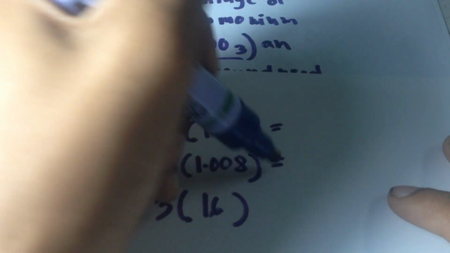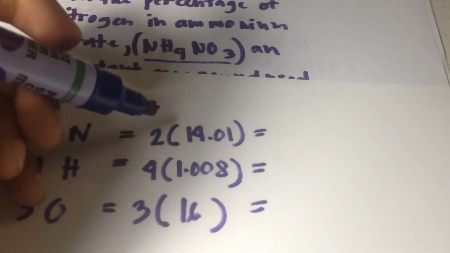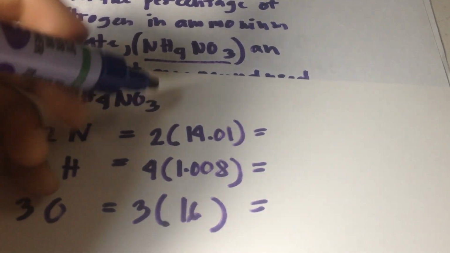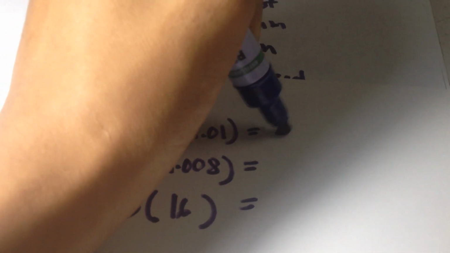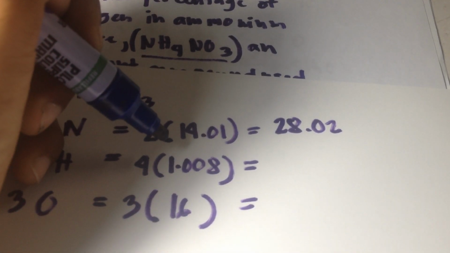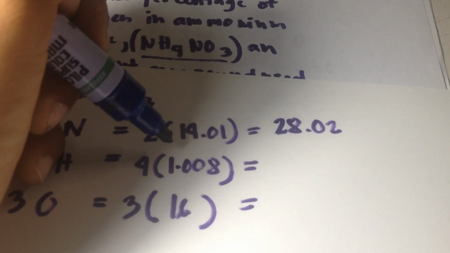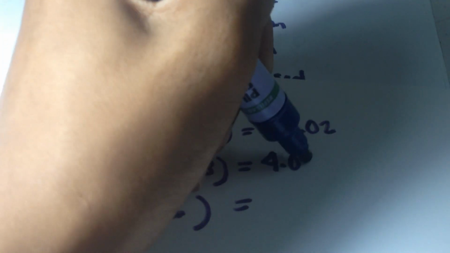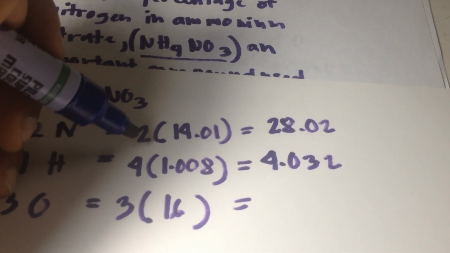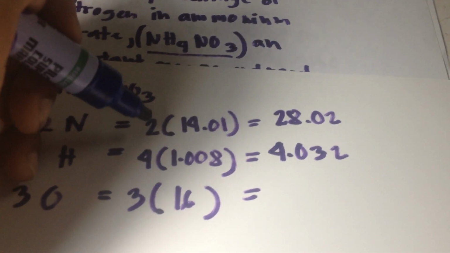So 2 times 14.01 is equal to 28.02. 4 times 1.008 is equal to 4.032. Then 3 times 16 is equal to 48.